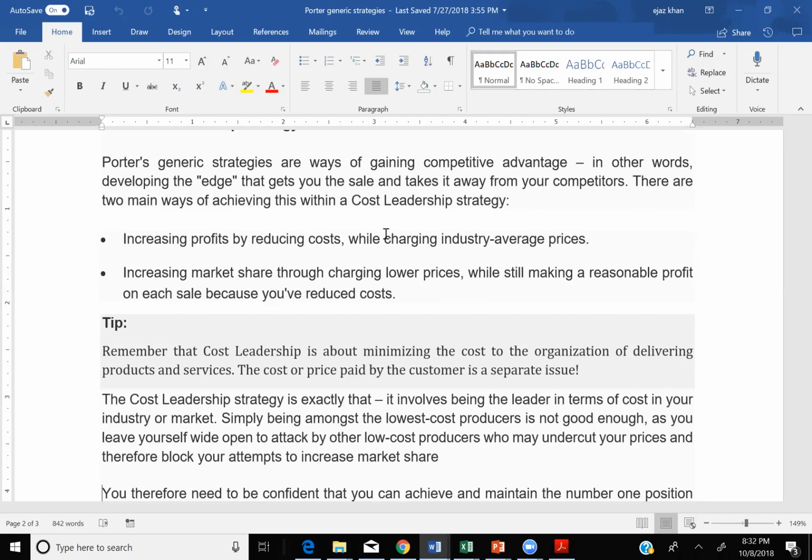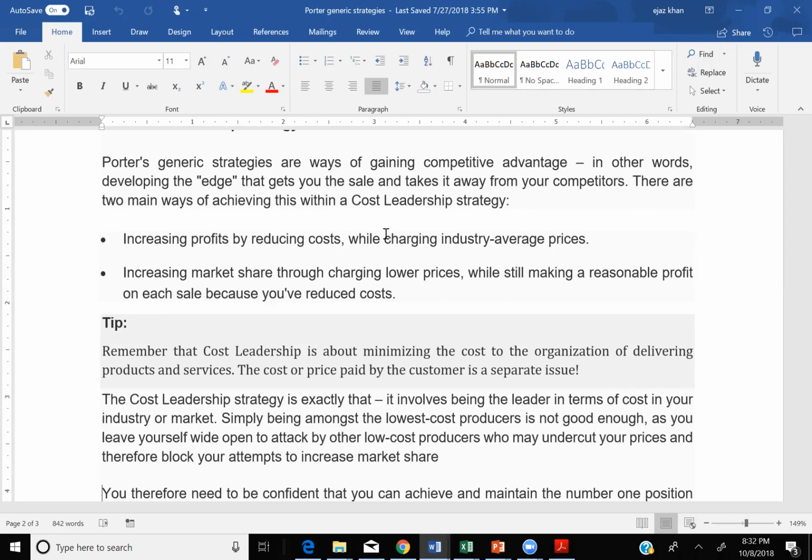Now, if we compare the cost structures of these two types of strategies, the cost leadership will have lower costs, whereas the product differentiation strategy will have higher costs.